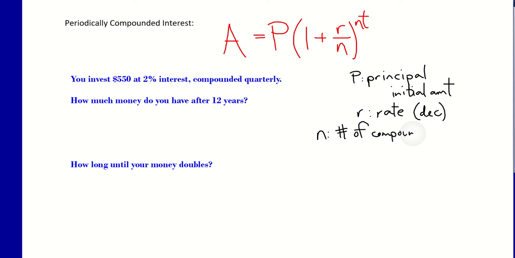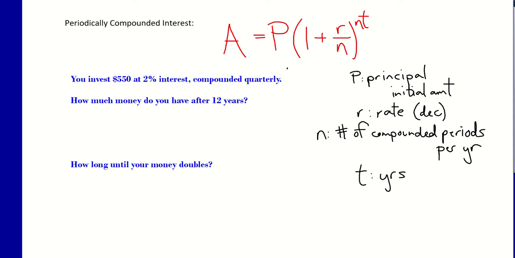So that means how often is that interest dumped in your account every year? If the account is compounded monthly, then n is 12. If it's compounded semi-annually, then n is 2, etc. And then t here is going to be time in years. A is your ending amount of money.